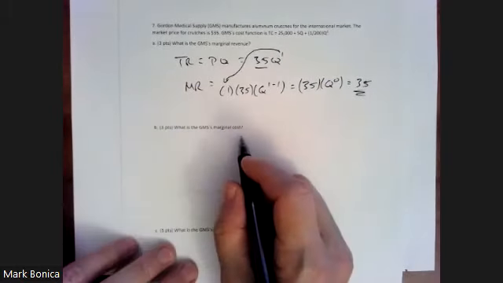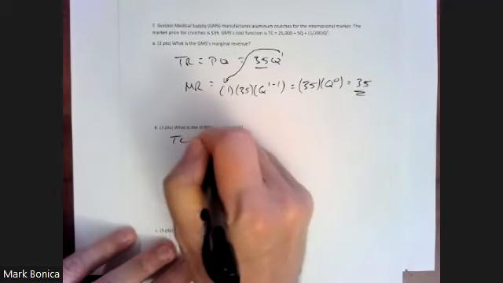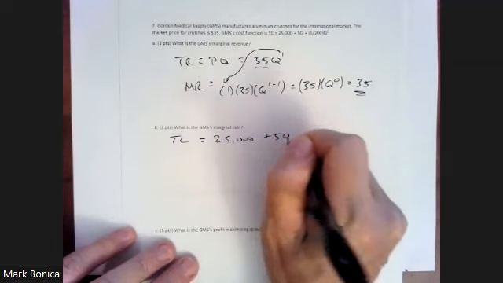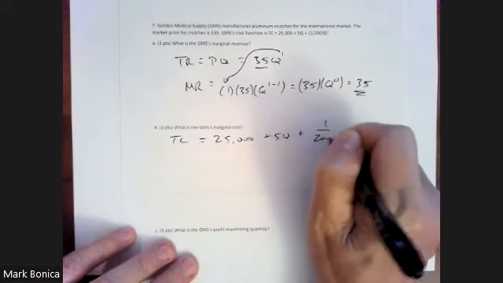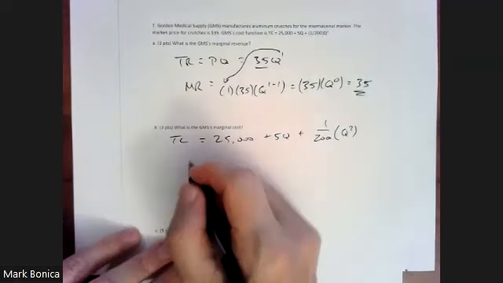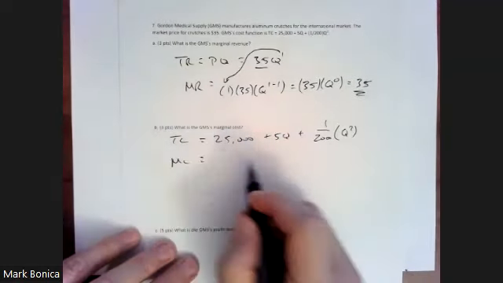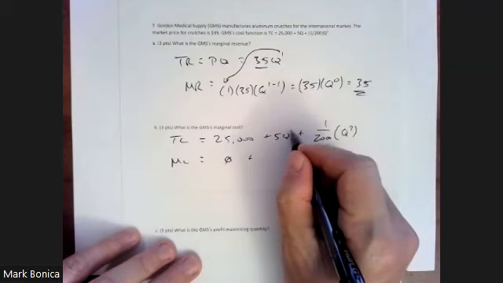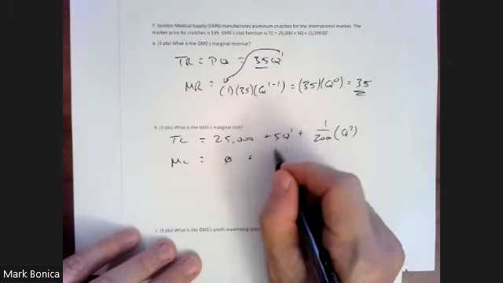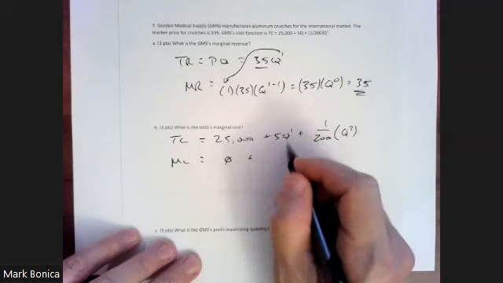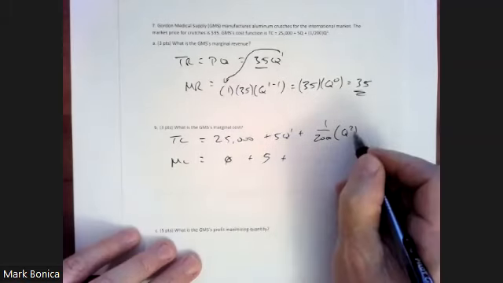What is GMS's marginal cost? Well, that's the derivative of the total cost curve. So 25,000 plus 5Q plus 1 over 200 Q squared. So marginal cost, what do I do with a constant that doesn't have a variable? Right, that's just 0. 5Q, that's Q to the 1, right? 1 times 5 is 5 times Q to the 1 minus 1 is Q to the 0. So 1 times 5 times 1 is 5.